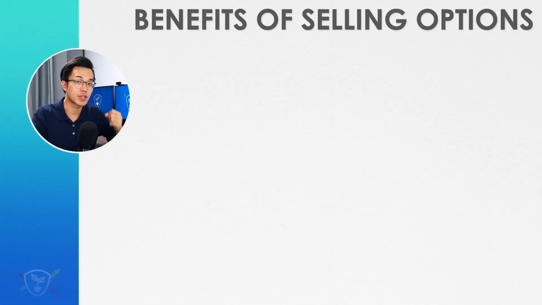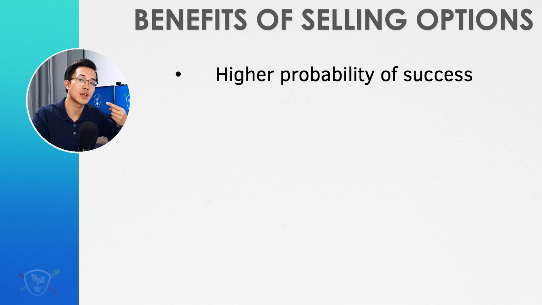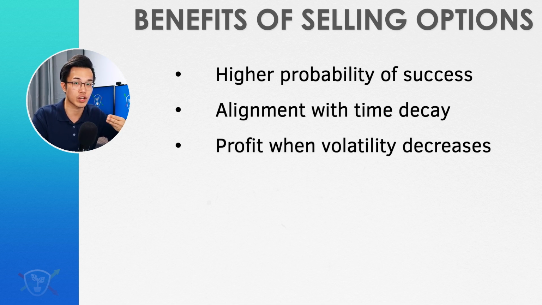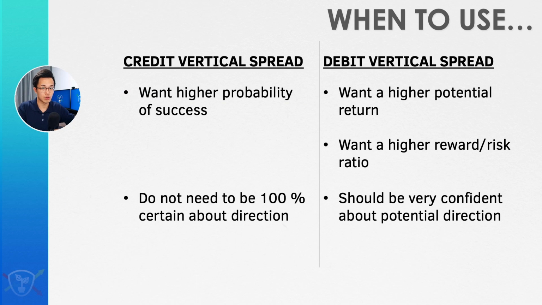Now, credit vertical spreads is an option selling strategy. So the aim and the benefits of trading them are the high probability of success, as well as the ability to put time decay and volatility contraction in our favor. So we should look to sell credit vertical spreads when volatility is high, so we can benefit the most from volatility contraction.